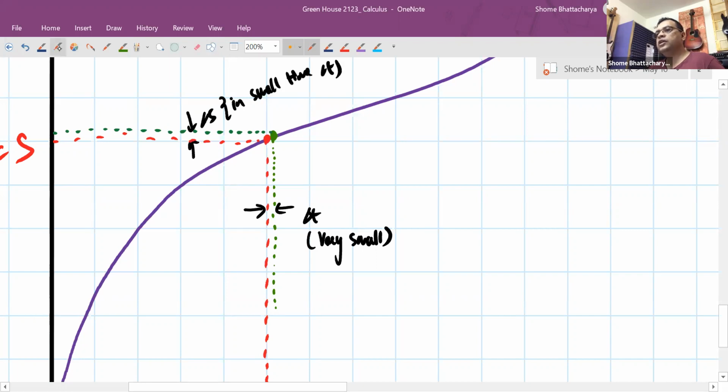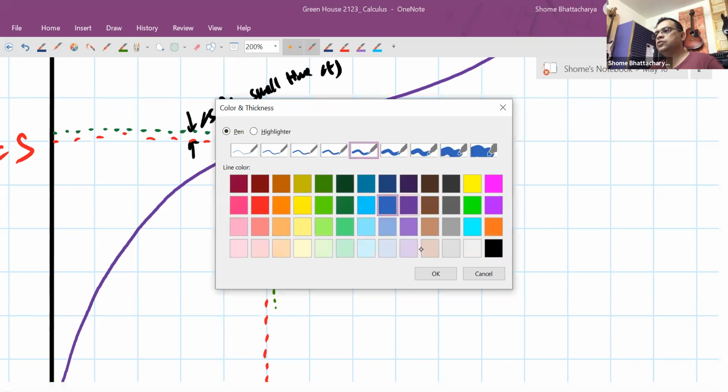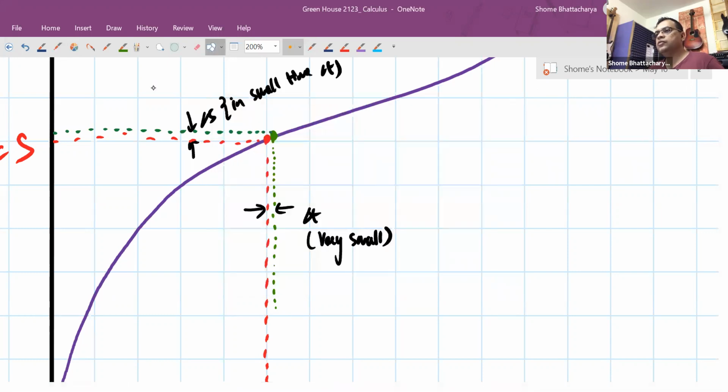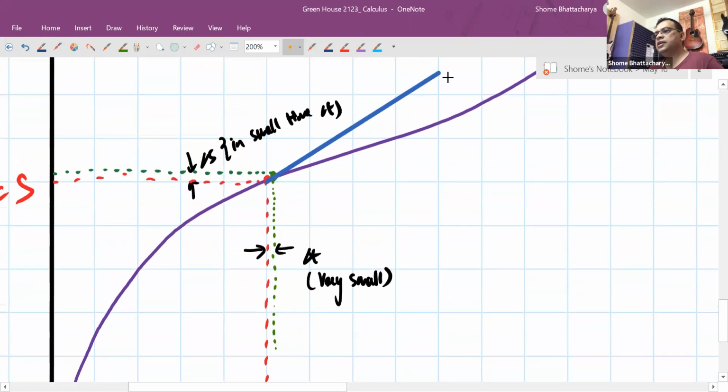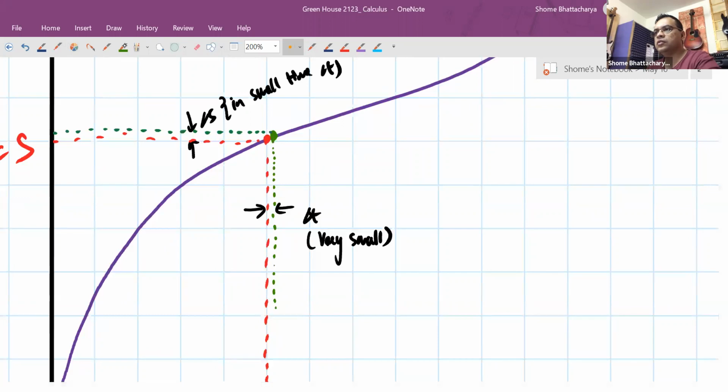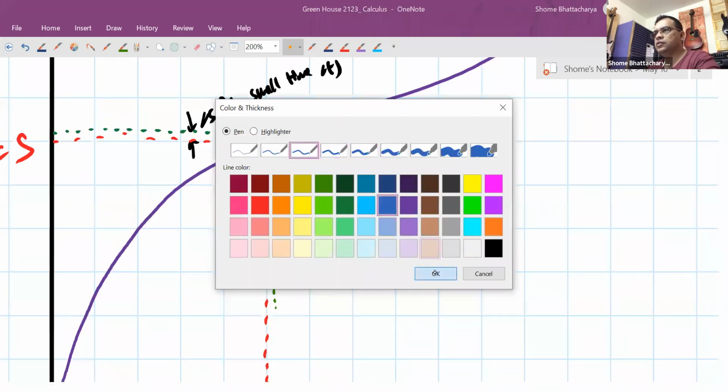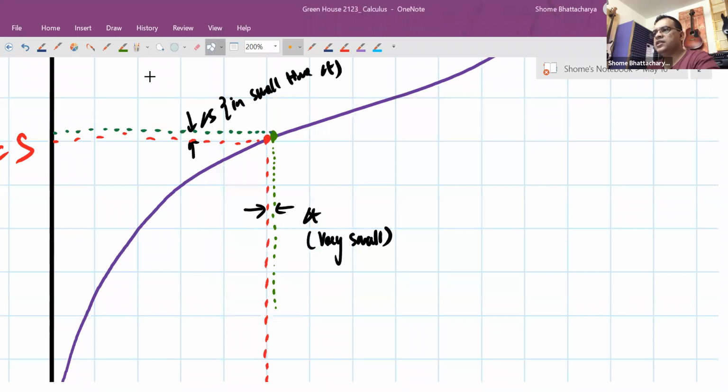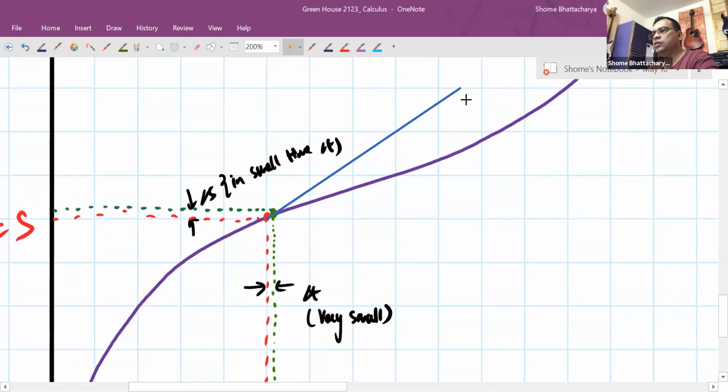And then I should try and join these two with a straight line, which is really a matter of judgment, whether we are able to do that or not. As I said, it's an abstract idea. It's something we can imagine, but not probably perfectly execute, not according to the definition that we have shown so far.